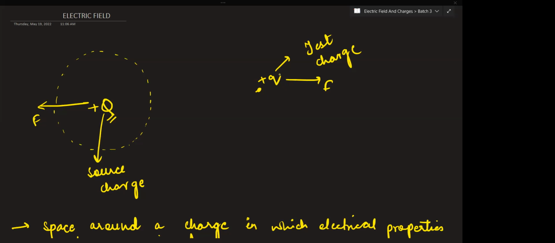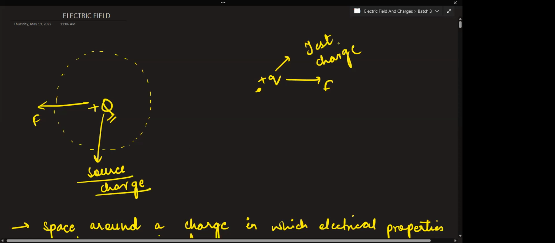So this charge, which remains stationary, generates this electrical environment, and the other charge is moved just to check it, to test it. This is called the source charge, and this is known as the test charge.